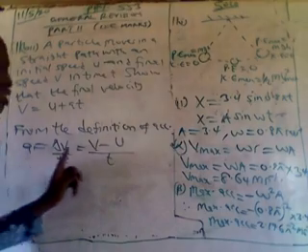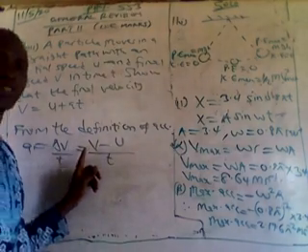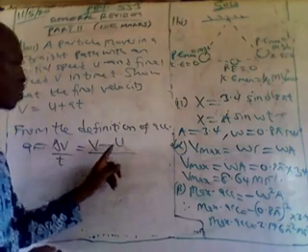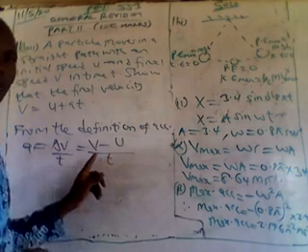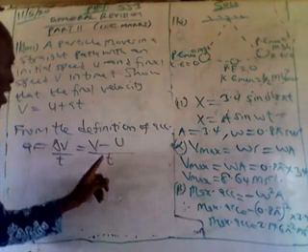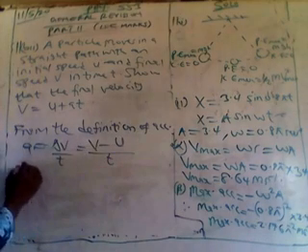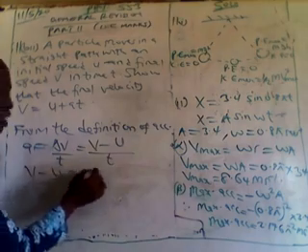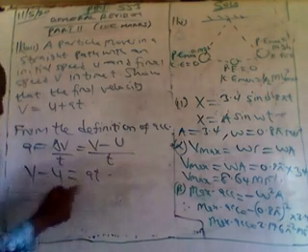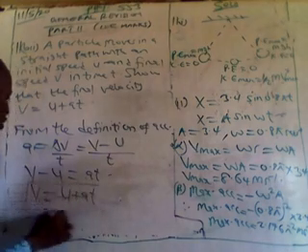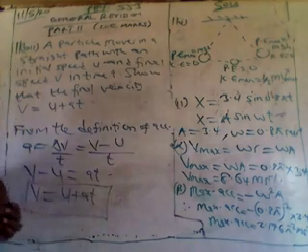From here, a = (v - u)/t, and we can make the final velocity the subject of the formula. Just cross multiply, and we get v - u = at. Then transfer minus u to this side, and I have v = u + at. So as simple as this.